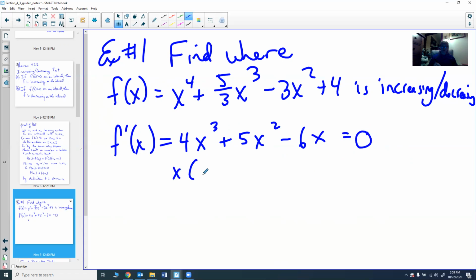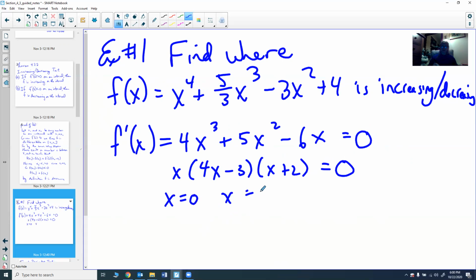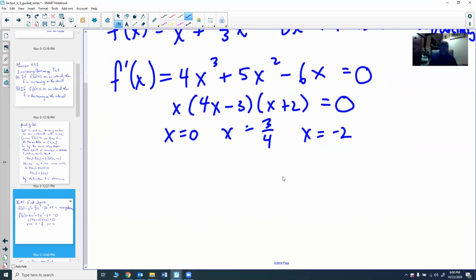This factors as x times 4x minus 3 times x plus 2 equals 0. When we factor that, x could be 0, x could be 3/4, or x could be -2. So there are our critical points.